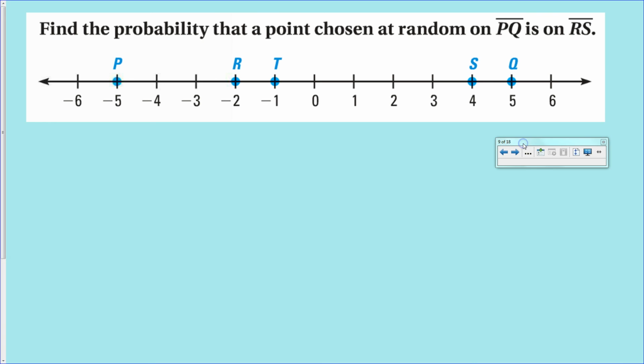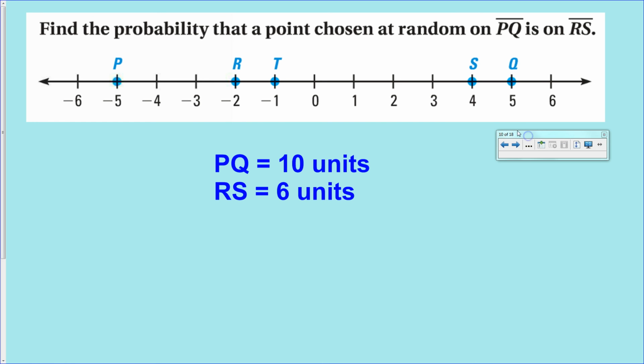So, first question, find the probability that a point chosen at random on PQ is also on RS. So the probability that the point is on RS, given that it's on PQ. Well, you just need to know the lengths of the two segments.